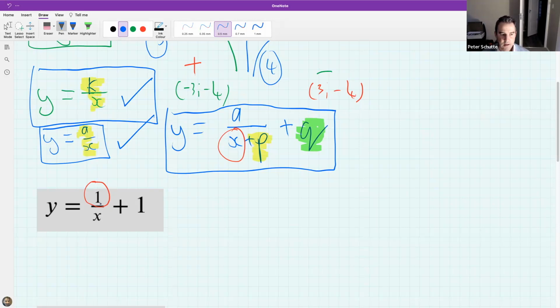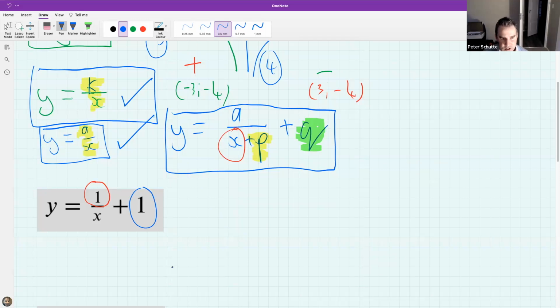Yeah. So because the number above the x is positive, and remember what we said earlier, if it is a positive hyperbola, it's going to end up being in these quadrants over here. But I'll show you how that's affected in a moment. So it's a hyperbola. And now what we want to know is, what does this 1 do?